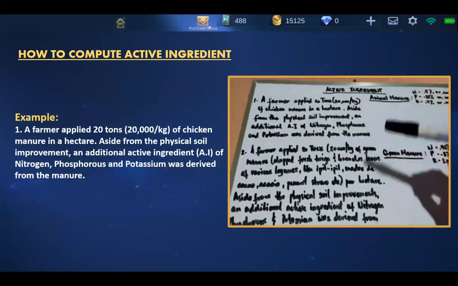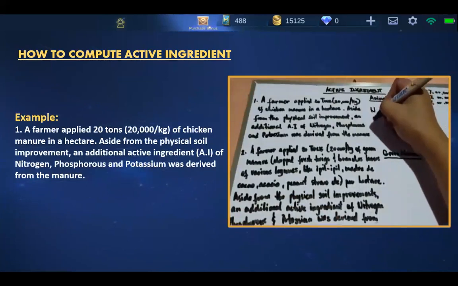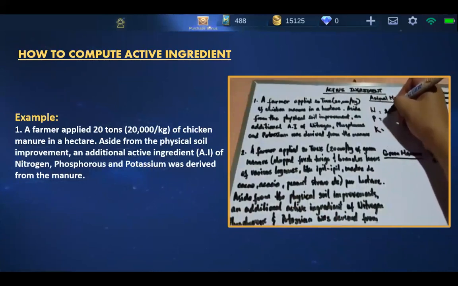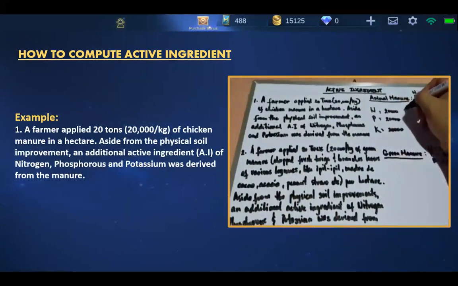So based on the problem, we have 20 tons of chicken manure applied in a hectare. Convert 20 tons into kilogram, so that will become 20,000 kilogram. So our N, P, and K is equivalent now to 20,000. Multiply it to the equivalent of active ingredients of animal manure, which for the nitrogen is 0.5%.